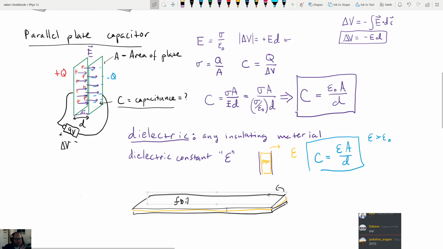And that oxidation layer, think about like a layer of rust or something like that, for example, that would appear on this foil, becomes the dielectric. And it is incredibly thin because it's a layer of, think about how thin a layer of rust can be on an object, right? So that's how you get a very small D and can get a lot of capacitance. Okay? You have any questions?